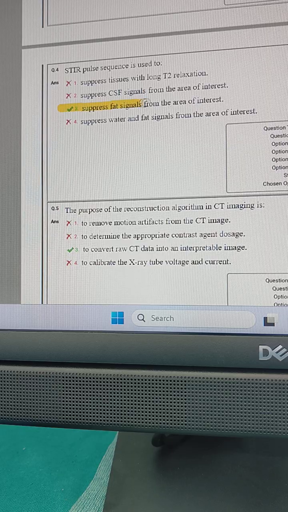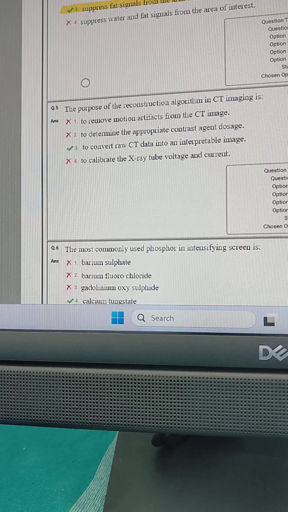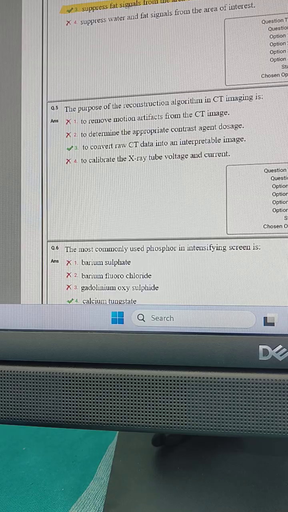The correct answer is 3, C. STIR suppresses the fat signal, while FLAIR suppresses the opposite: CSF, or fluid, is suppressed in FLAIR sequences, and STIR sequences suppress fat.